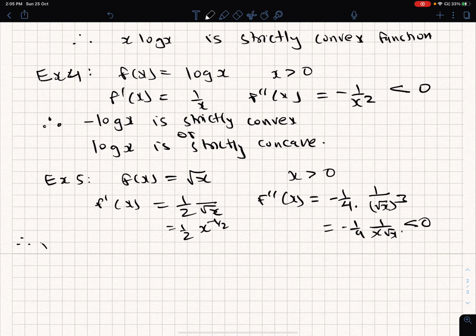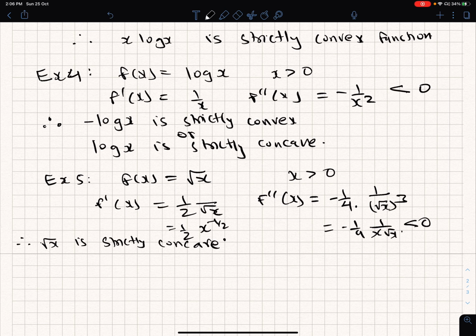Therefore, under root of x is also strictly concave. So you could immediately see the fruits of this inequality straight away, is it not? Now I want to bring out one more small fact, that how this becomes useful.